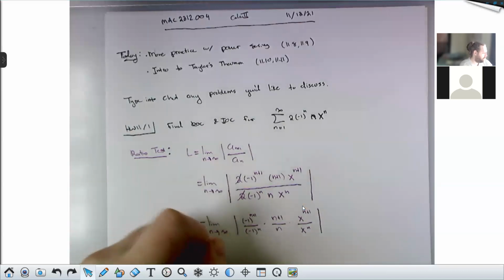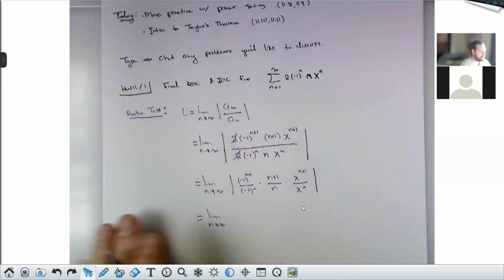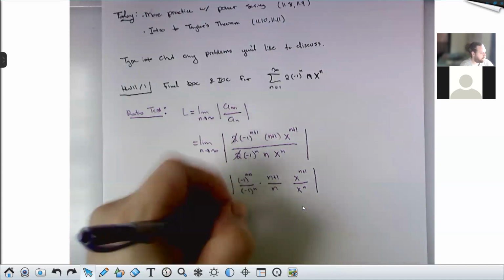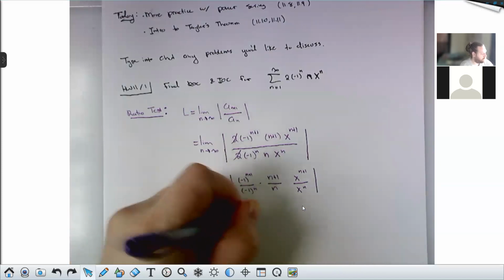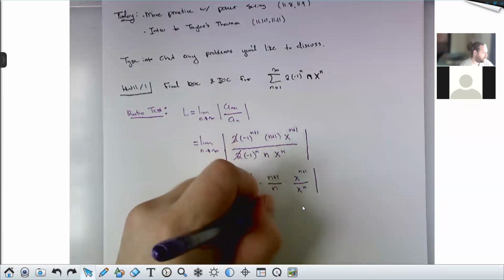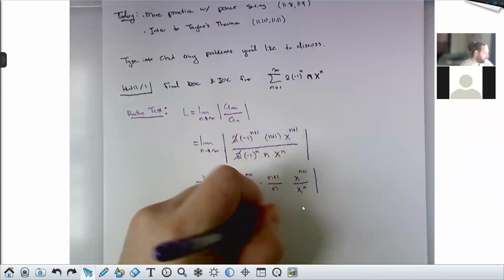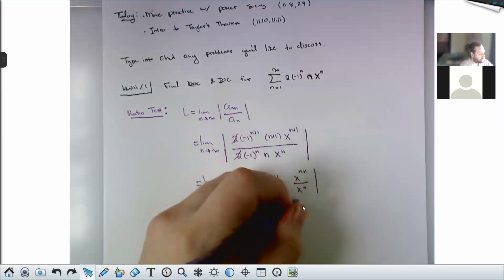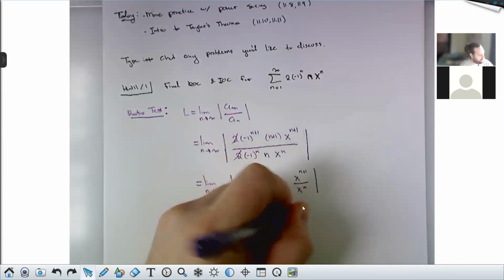Which is then n to infinity, absolute value of negative 1 to the n plus 1 divided by negative 1 to the n is negative 1. n plus 1 divided by n is just n plus 1 divided by n. There's not much we can do there. x to the n plus 1 over x to the n is just x.